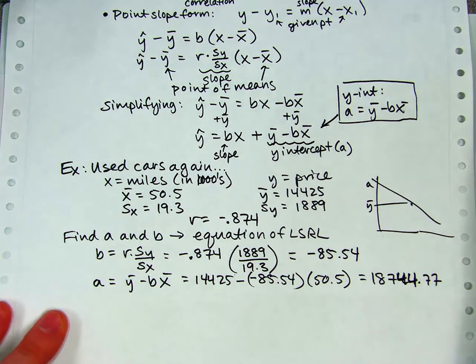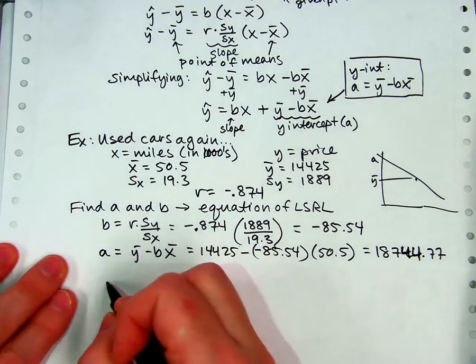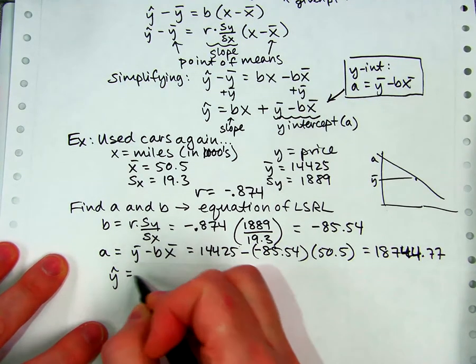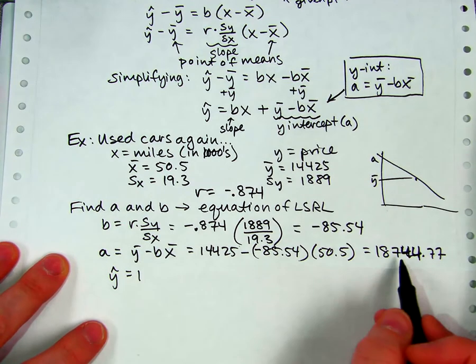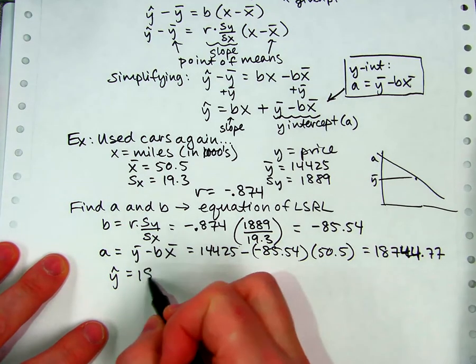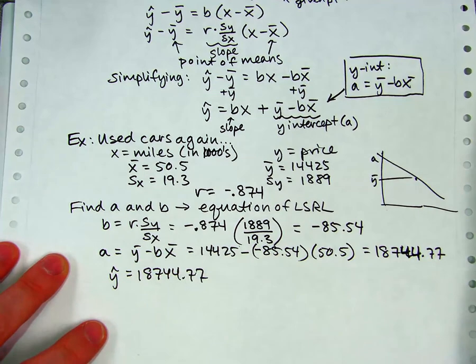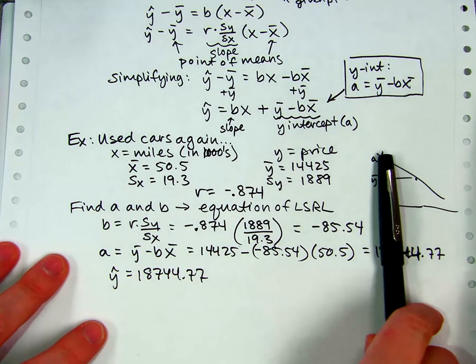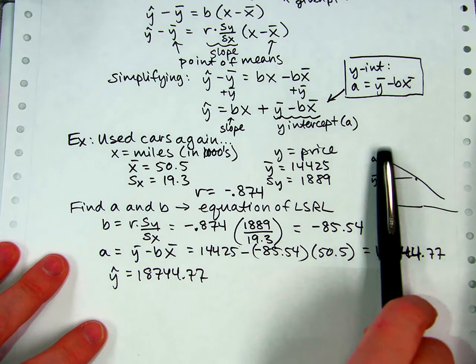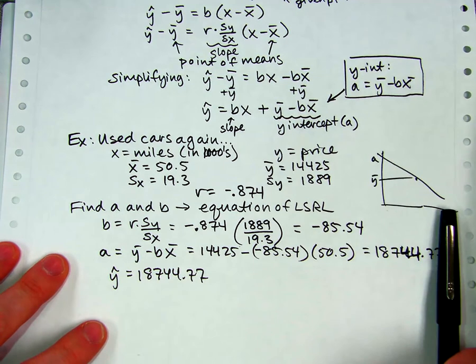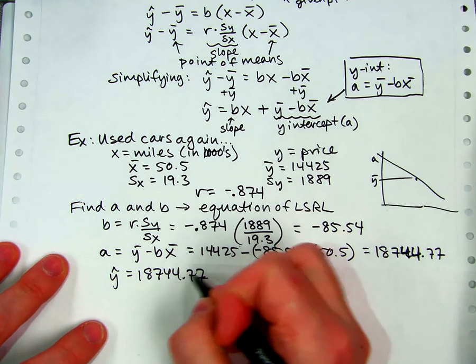All right, and then that gives us our equation, which looks like this. And I'm going to do it the way the book does it, which is putting A first, 18,744.77. I actually really like putting the y-intercept first. I've had some algebra books that do that. It's like you start there, and then you go down by how much. So like, let's start with the thing that you start with. It makes sense.